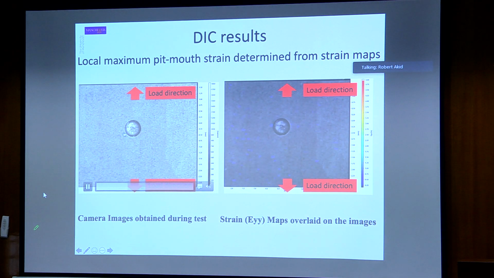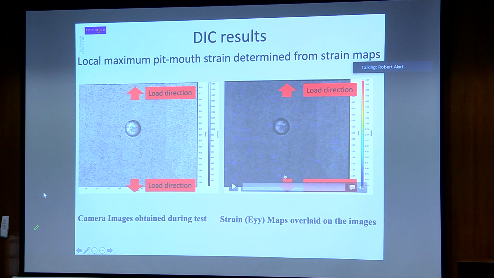We don't seem to see any damage at the moment, and hopefully, if I can get this to work... I'm not sure. Oh, there we go. So you can see eventually we can see a crack, but if we use the digital image correlation, we've had problems with these images.